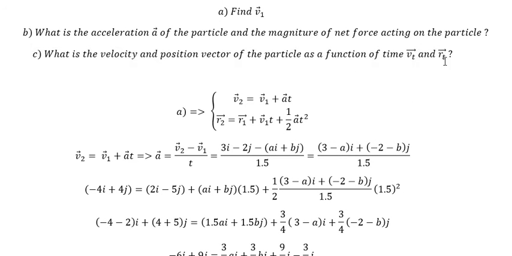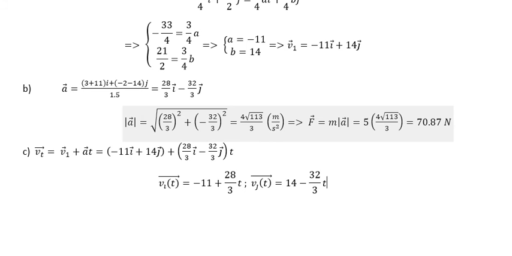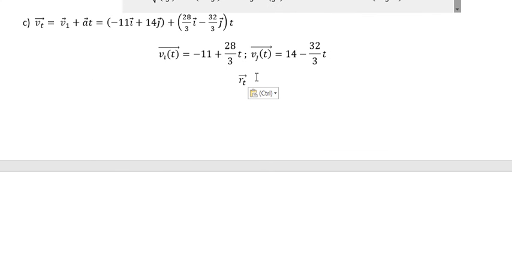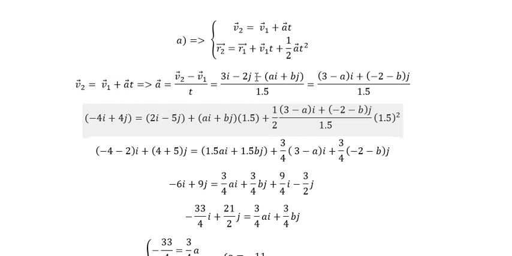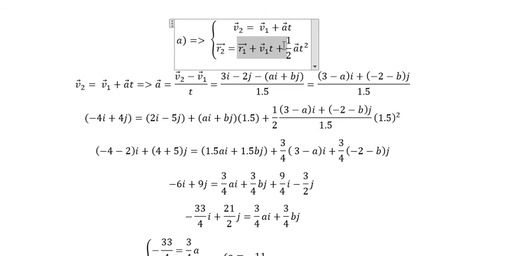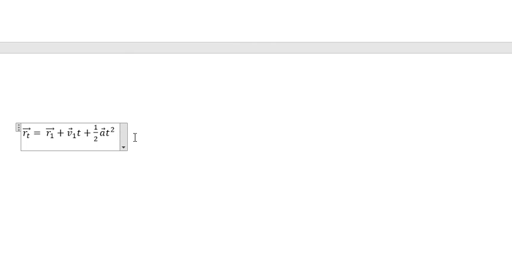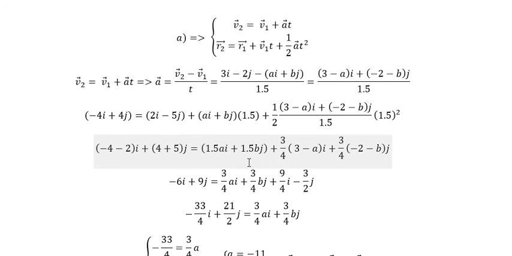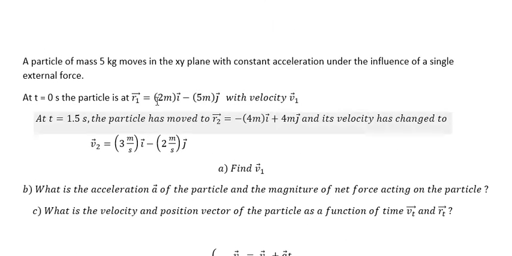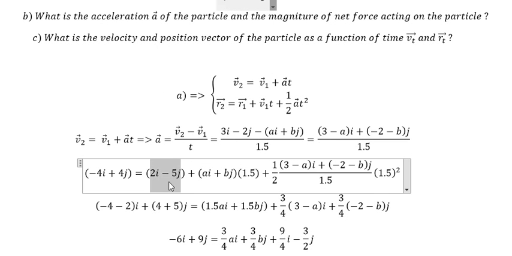Next we need to find r(t). For r(t), we follow this equation. In this one we have r1, v1 and a. R1 is 2i minus 5j.